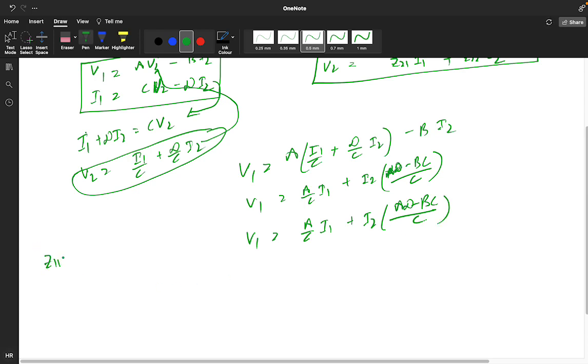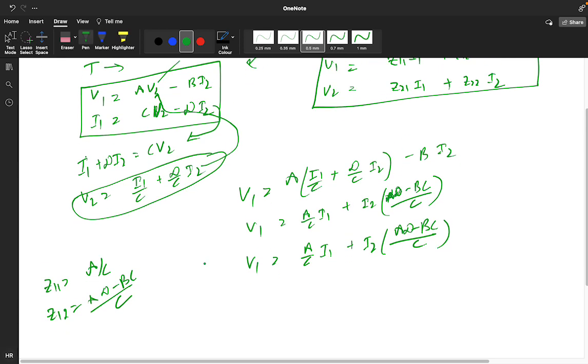Your Z11 is nothing but A by C and your Z12 is nothing but AD minus BC by C. This is clear, Prasanna, Vaishnavi? Or still having a doubt? Right, clear. Okay. So we are getting AD minus BC upon C. Anis, it's clear? Yes, sir. How we are getting Z11 equal to A by C and Z12 equal to AD minus BC by C.